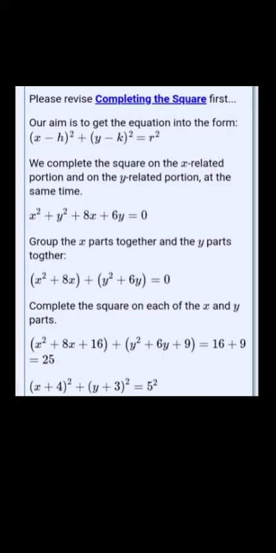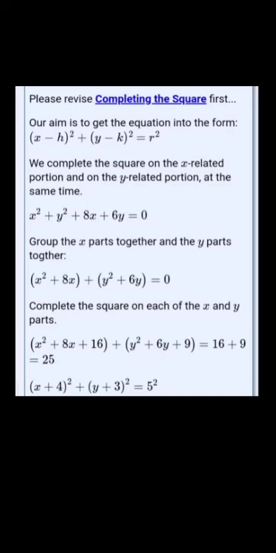For example, this x squared plus 8x are grouped together, and y squared plus 6y are also grouped together, and that is equal to 0. Now, the next step in completing the square is we have to get half of 8x, so that is 4, and then we have to square it, so that is 16. So now we have x squared plus 8x plus 16.